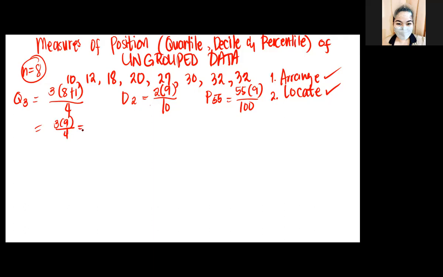Ano pong answer dito? Ano yung magiging answer natin dito? 3 times 9 divided by 4. Pwede kayo mag-calculator, ha? Andiyan pa kayo?